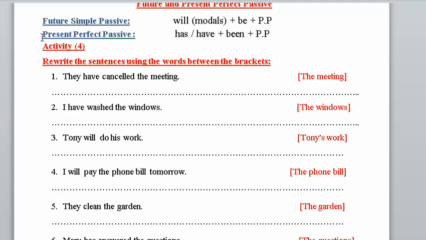This is the third item, the present perfect passive, and its rule is, as we said before, we start with the object, and then have or has, been, and the past participle of the verb. Sentence number 1, they have cancelled the meeting.